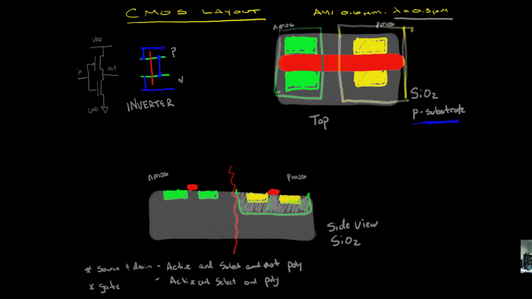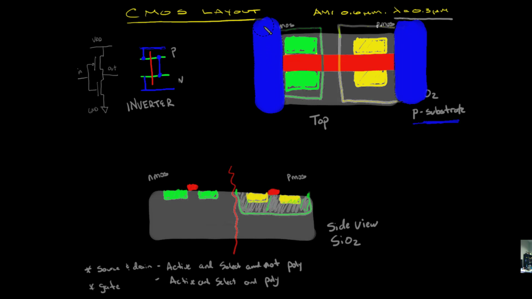One other thing that we've got to make sure that we do is connect these things to power and ground. We're going to have an area up here that is our connection to VDD, and an area down here that's going to be our connection to ground. And then what we're going to need to do is to establish a set of via connections.